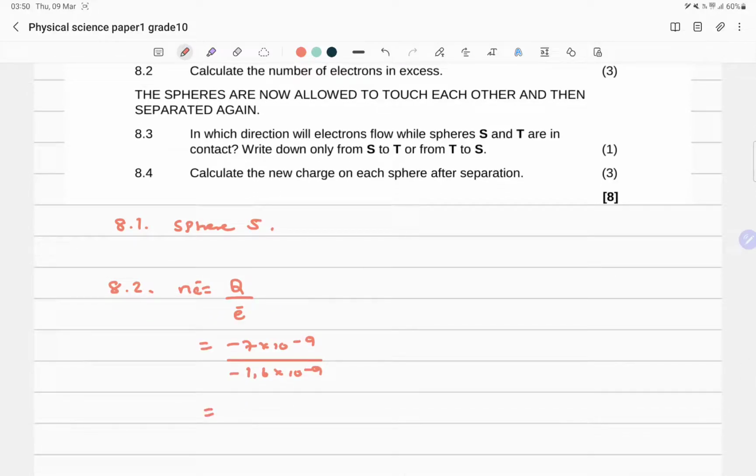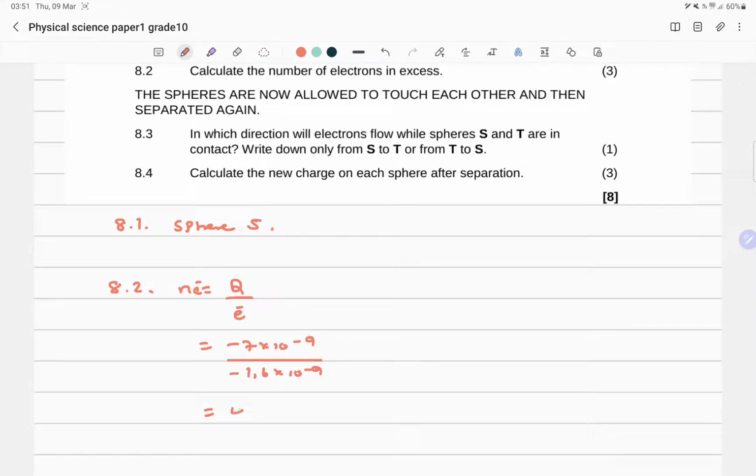So we have minus 7 times 10 to the exponent minus 9 divided by minus 1,6 times 10 to the exponent minus 19.